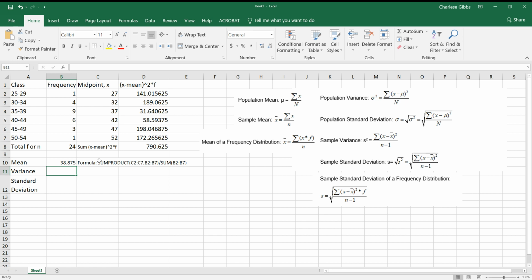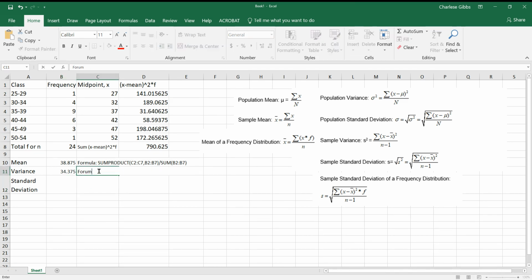So I'm going to hit equal, my sum divided by 23. I do not want to put 24 minus 1. It's going to throw it off. I want to subtract it mentally to get my variance.